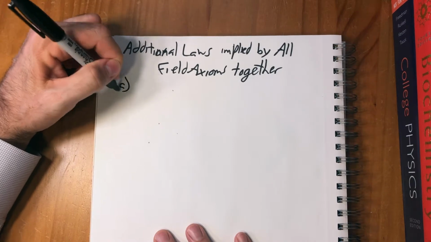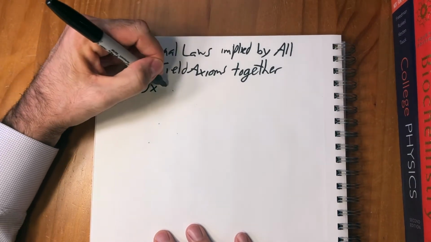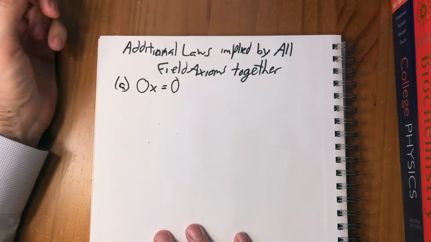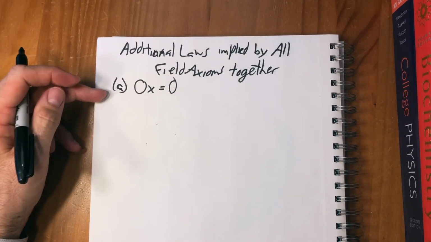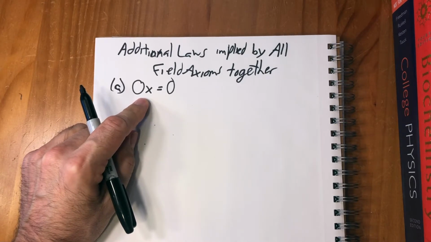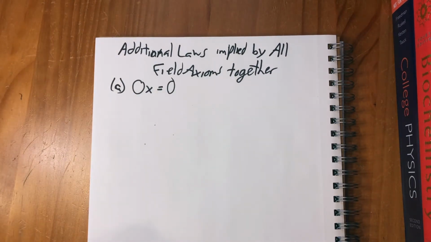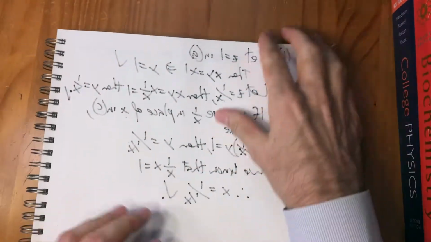So we have A: 0x equals 0. Now, that's very interesting. That again seems obvious, but it only seems obvious to us because we know that it's true. It's not something that's in the field axioms at all.